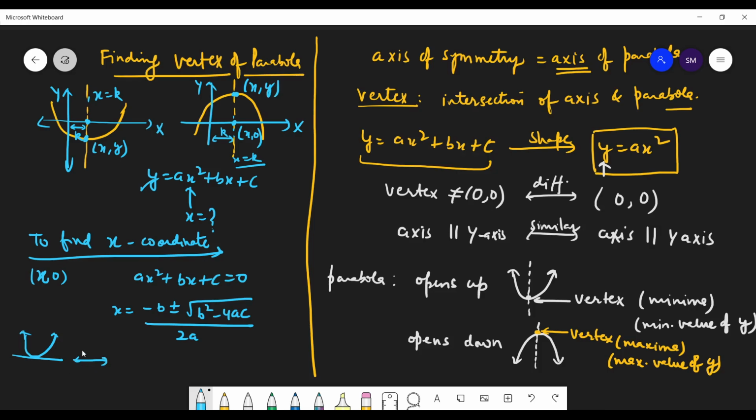Either it will be intersecting at 2 points, or touching at 1 point, or not touching at any point. So this has no solution. This has two solutions and this has equal roots. One solution. Remember or not?